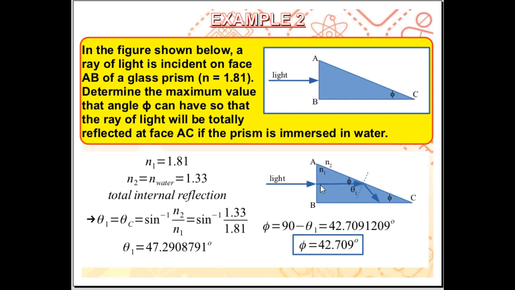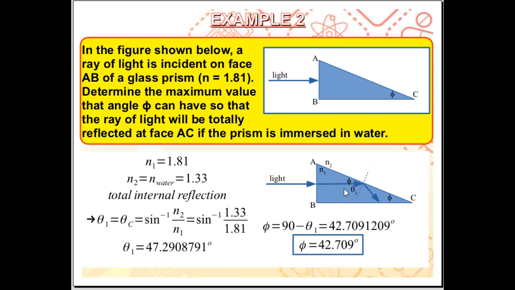Once inside the prism, the light will continue on until it strikes the face AC of the prism. And the problem tells us what should be angle phi such that instead of passing through the interface, the light will be totally reflected.